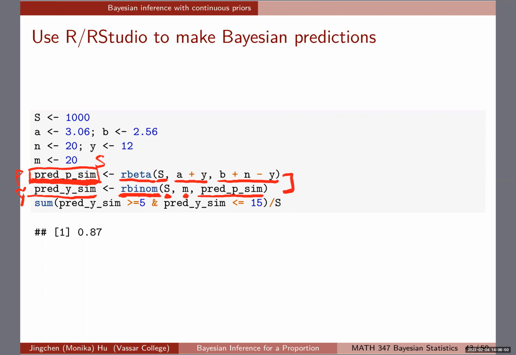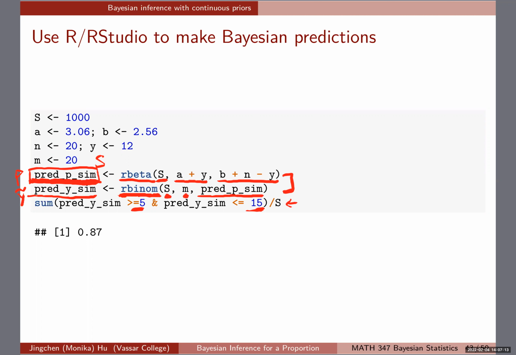So over here, I was also trying to illustrate: what's the posterior probability that my prediction is between 5 and 15? In that case, I can summarize by doing this logical operation, and that is going to be 87% of predictions between 5 and 15.